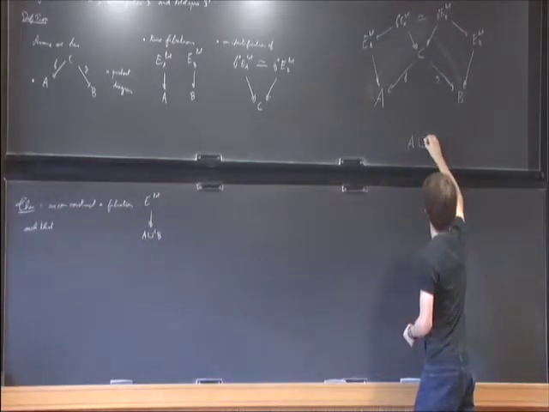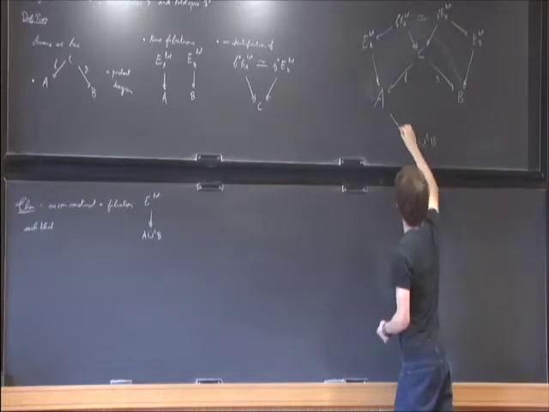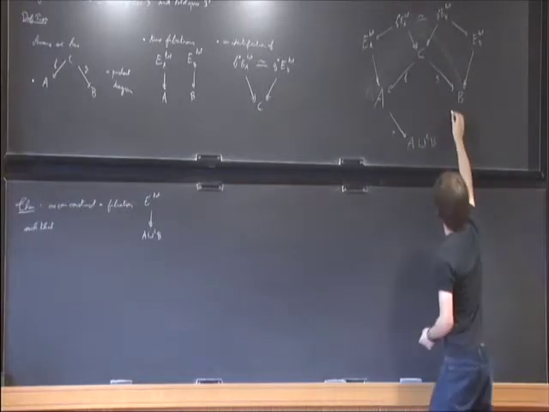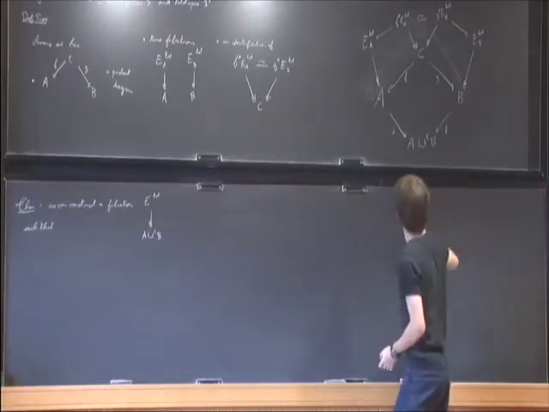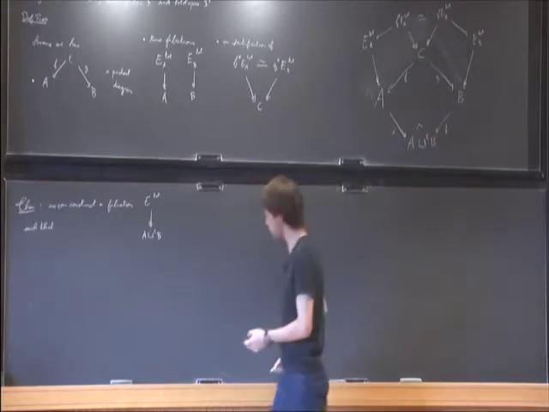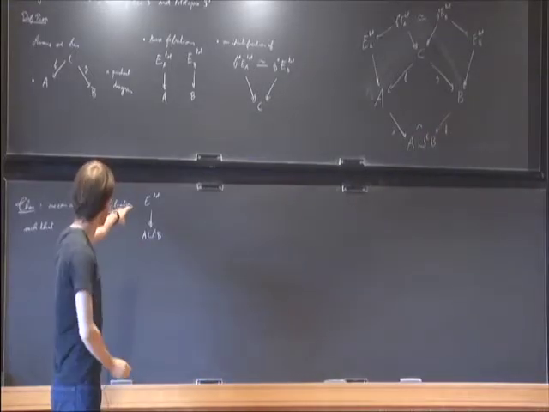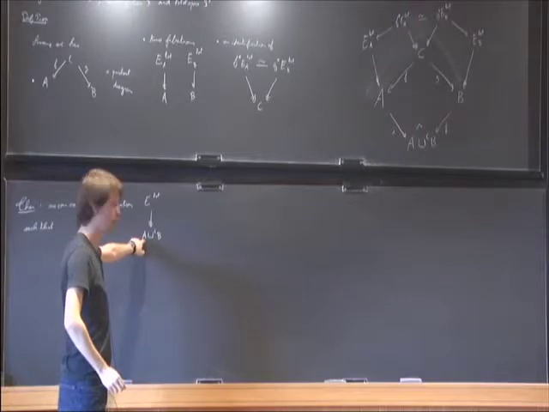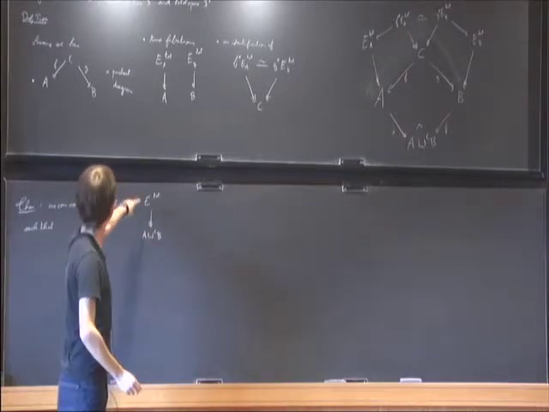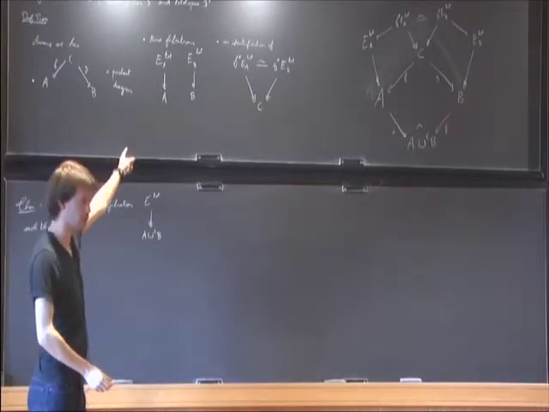Here I have the push-out with the two canonical maps. So now we have a fibration over the push-out.